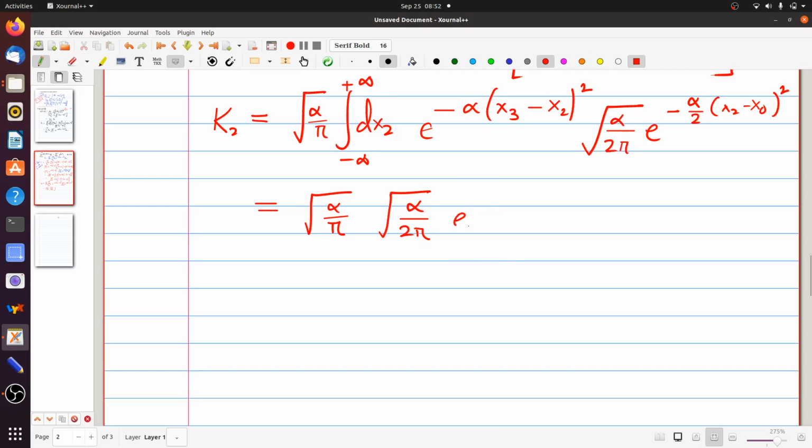That's e to the power minus alpha. Now we have to be careful. You get x3 square from here, and we get x0 square by 2 from inside this factor. All the other terms have x2 in them, so they can't be pulled out of the integral. They have to be part of the integral evaluation.